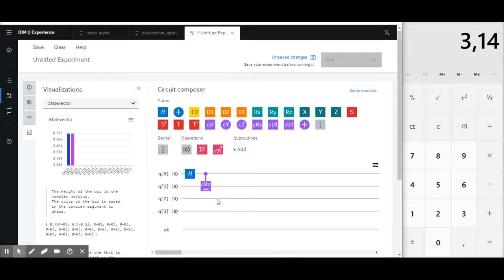But then there has to be something else used here instead of a controlled rotation. Thinking.